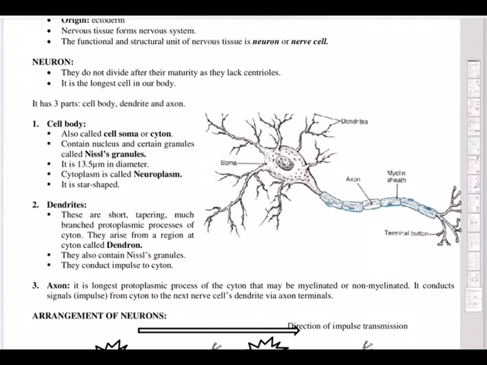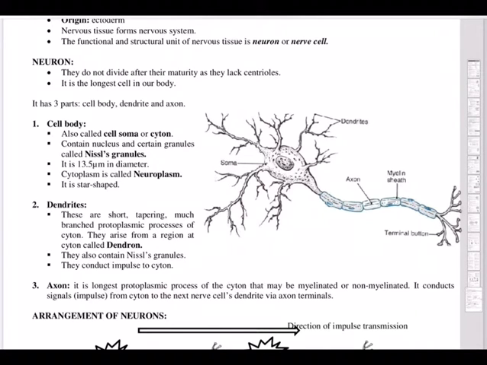So nerve conduction starts from the source organ through a stimulus. It reaches the dendrite, reaches the cyton, passes through the cytoplasm along with the Nissl's granules, goes into the axon, reaches the branches of the axon, and then jumps to the next neuron and finally reaches the target area. This is how a nerve impulse is conducted.